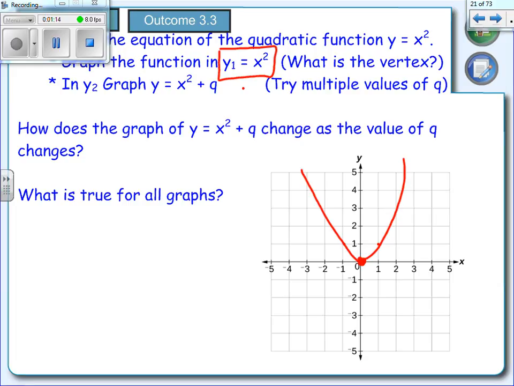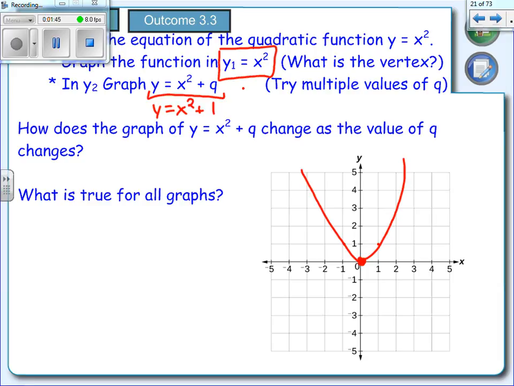What we're going to do is experiment with what happens when we do different things to this graph. So rather than have y equals x squared, we're going to try y equals x squared, and then we're going to add a number. Let's say y equals x squared plus 1.